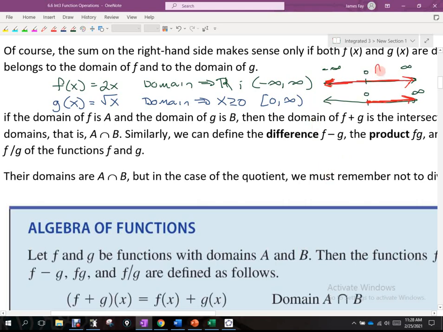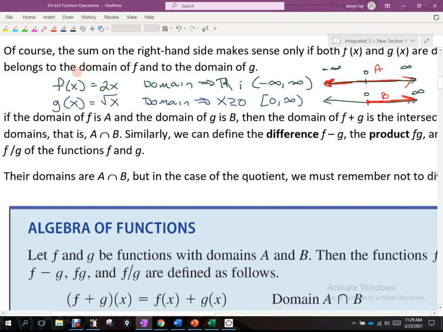So this red graph up here is A. This lower graph is B. The domain then for 2x plus radical x, the domain of the sum of these two functions, is where those red graphs overlap. Where do those red graphs overlap? Where do they start sharing the same values? Start at 0, right? And they keep overlapping all the way to the right, correct?